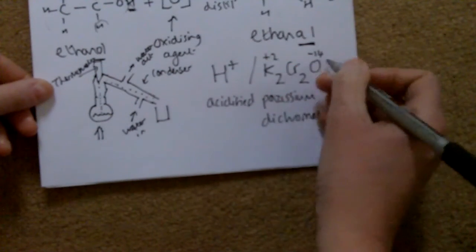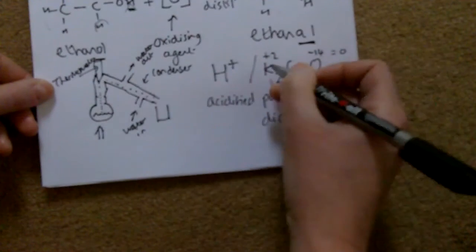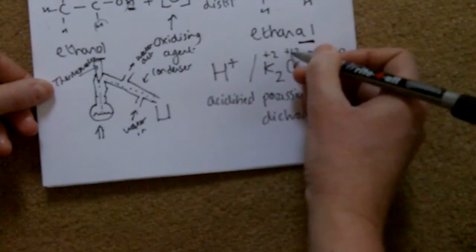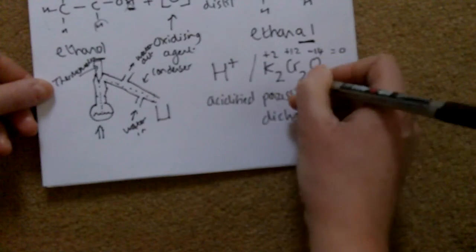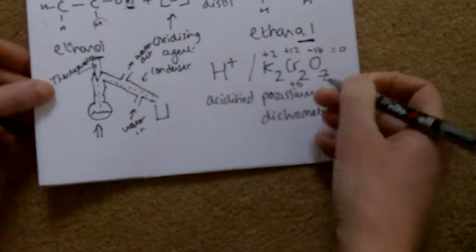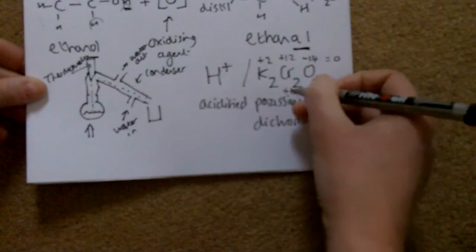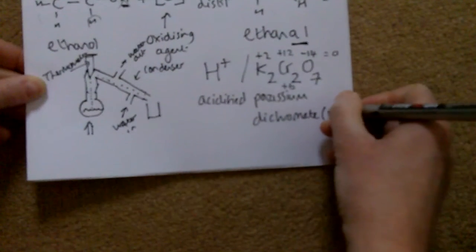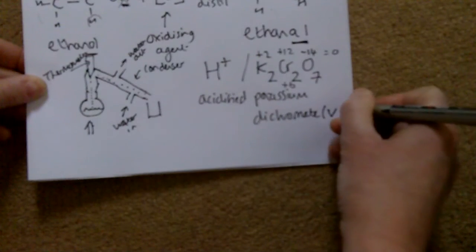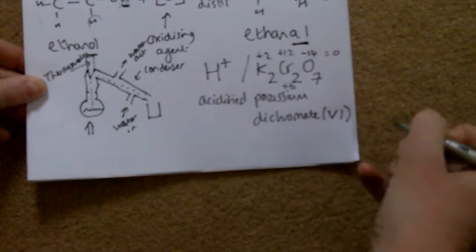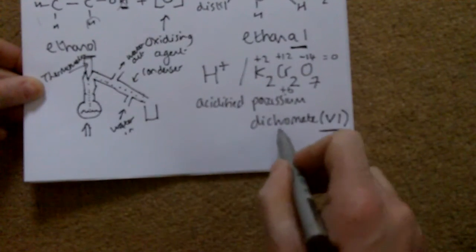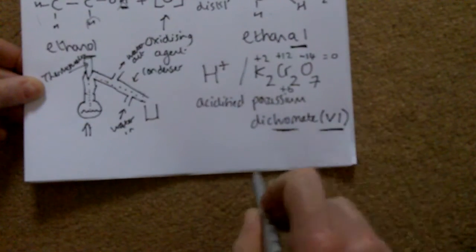So we need to total 0 because there's no charge. So therefore chromium must be +12, but there's 2 chromiums, so each chromium is +6. So the chromium has an oxidation state of +6, therefore we put in brackets at the end in Roman numerals VI, which means 6. So that means that the oxidation state of the chromium is 6.